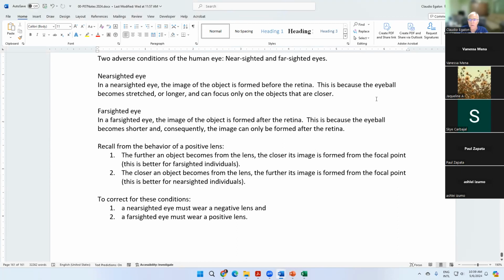Okay. And in the nearsighted case, consequently, the image can be formed only before the retina. Okay.